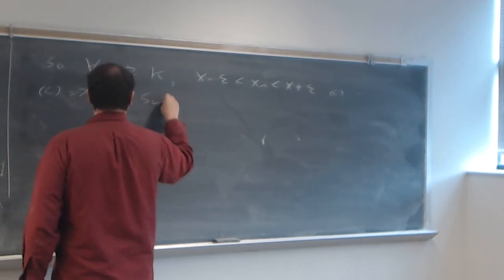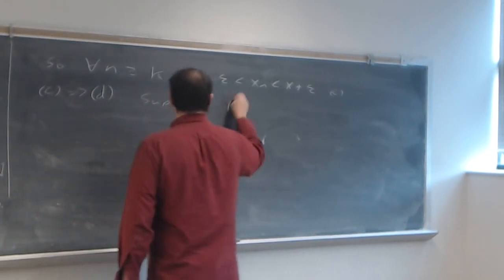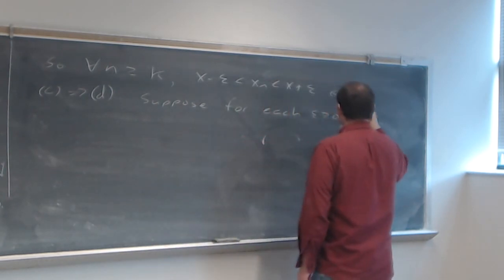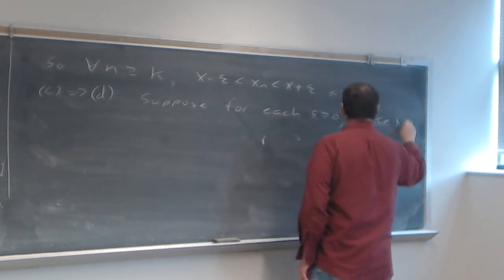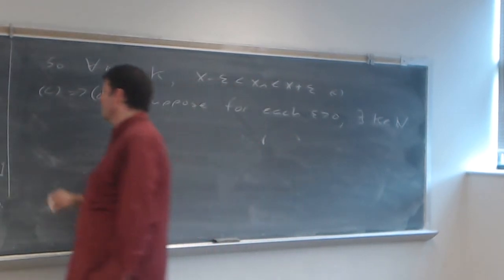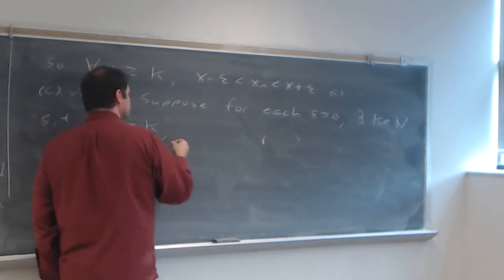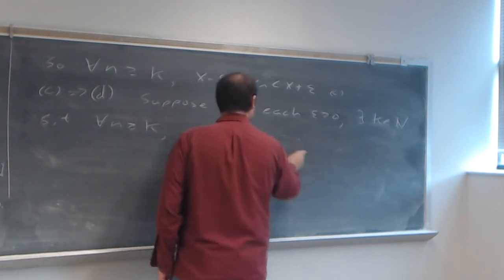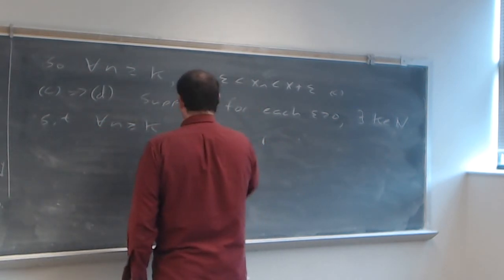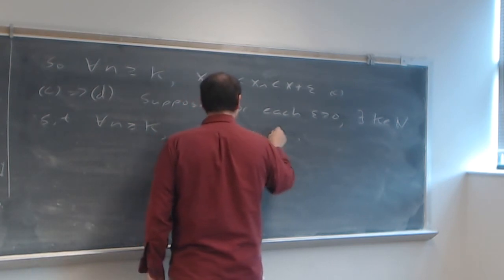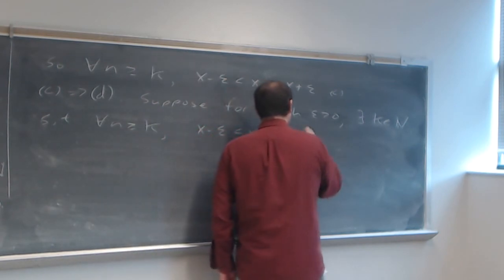So here we suppose for each epsilon greater than 0, there exists a k element of natural numbers such that for all n bigger than or equal to k, x minus epsilon is less than x of n is less than x plus epsilon.